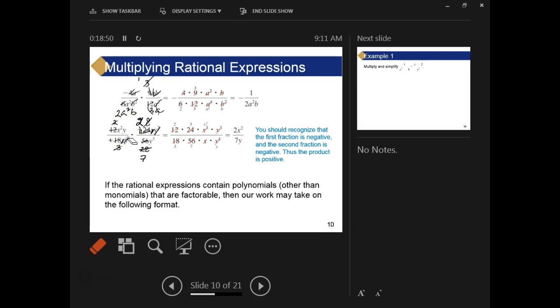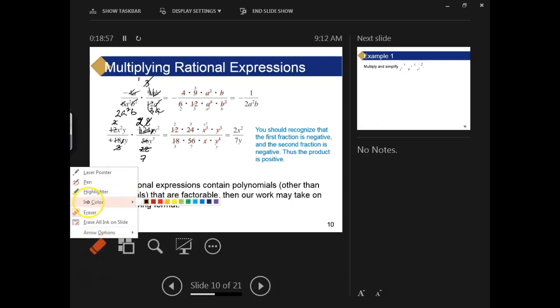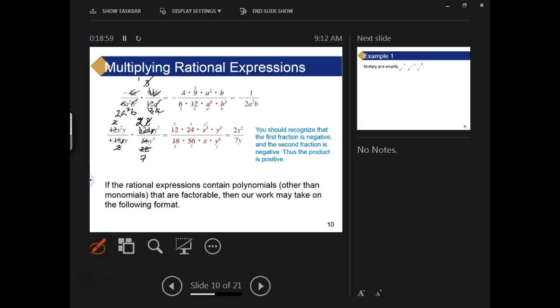Let's go back to our y's. Okay, I misread something. Oops. Okay. Yeah, sorry about this. Y and y squared wipes out the y cubed. That's what I meant to say.